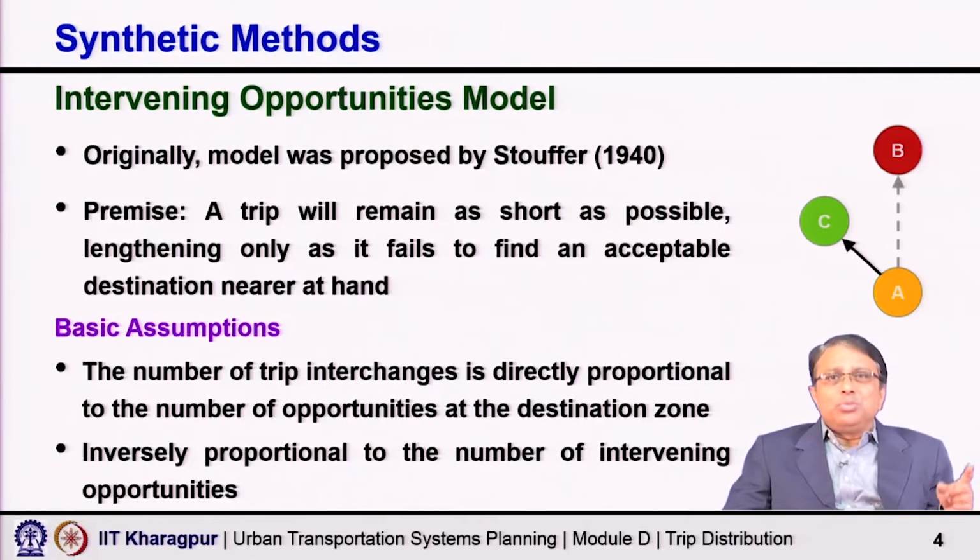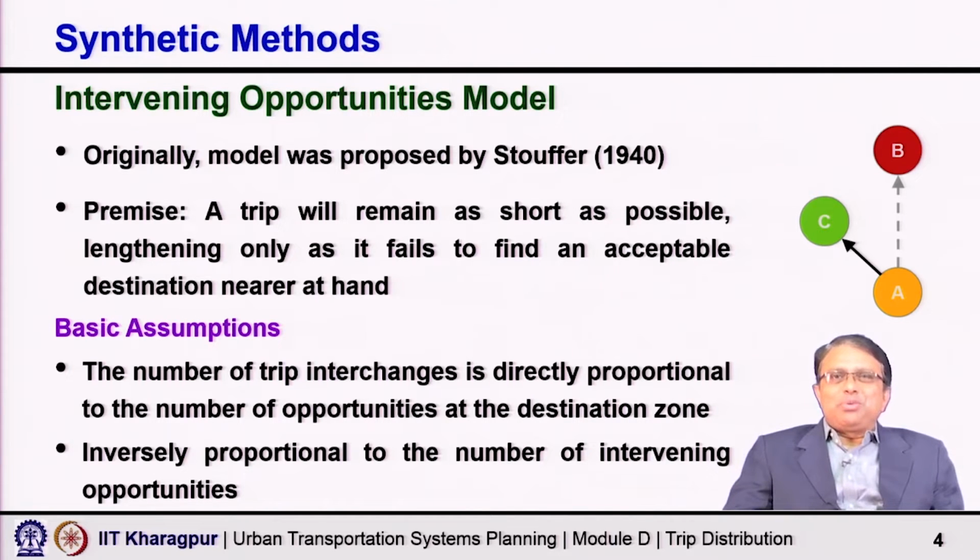And as you move further, you are travelling from a more distant place, so the trip length is increasing. Ideally, people would like to locate themselves as near as possible. That means a trip will remain as short as possible in exactly the same manner, lengthening only if it fails to find an acceptable destination near in hand.